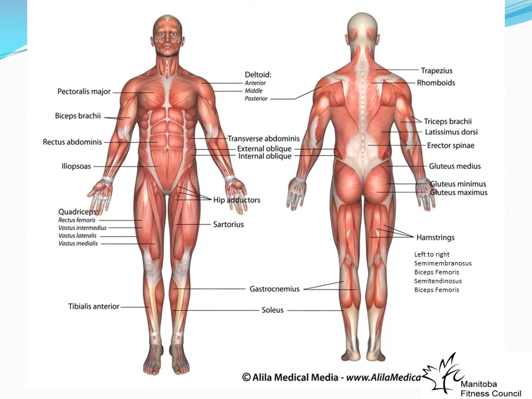Now we're looking at the back of the body here. We have the trapezius. Trapezius kind of confuses people a little bit too because there's three different portions we'll be talking about: an upper, middle, and lower portions. It's important to note here that a muscle fiber can simply shorten and compress itself.